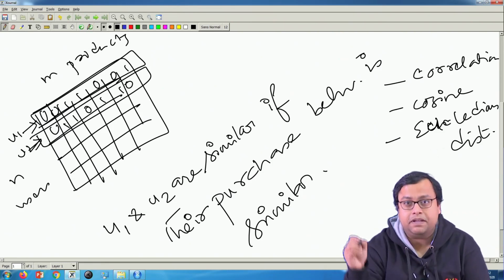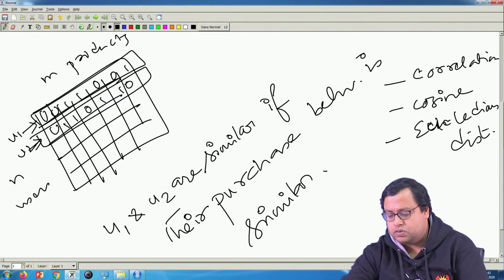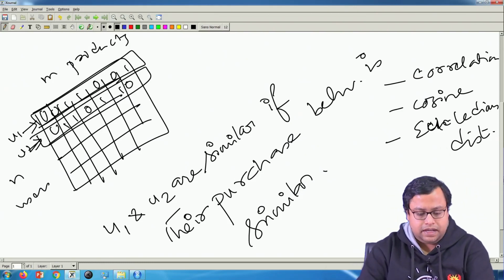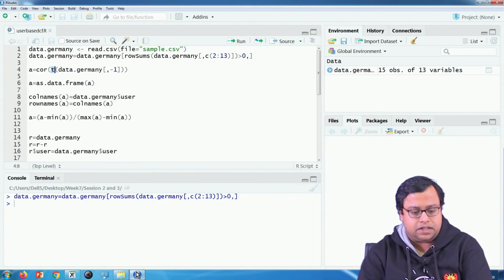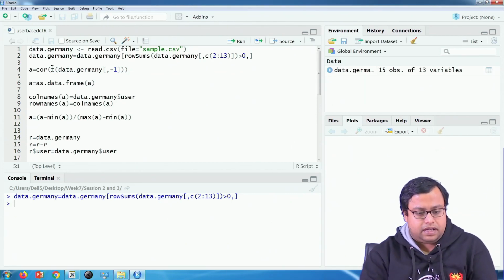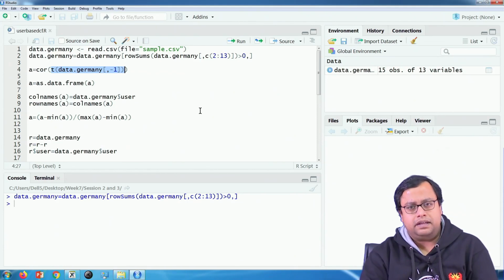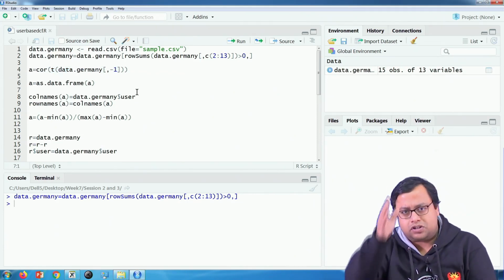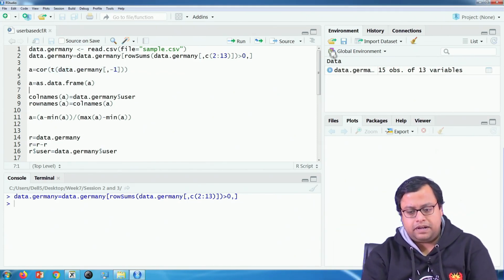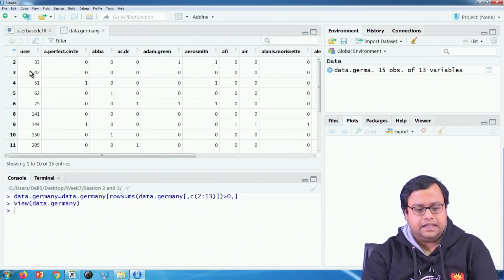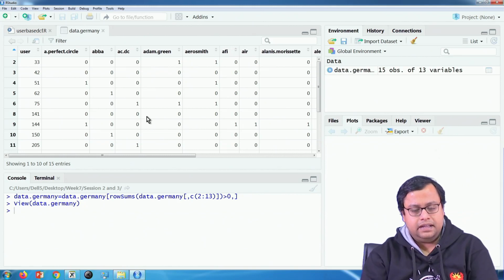All of this is applicable, so whichever you want to do, you can do. Here I am doing correlation. So, I am doing transpose of data.Germany comma minus 1, which means the first column gets dropped. Then whatever this had, I am creating a transpose of that.